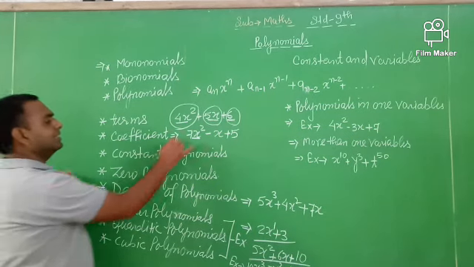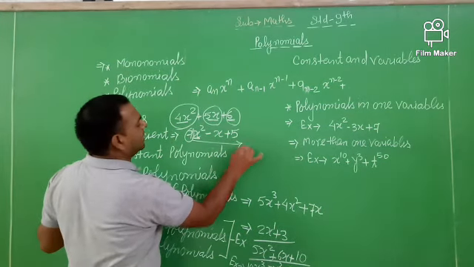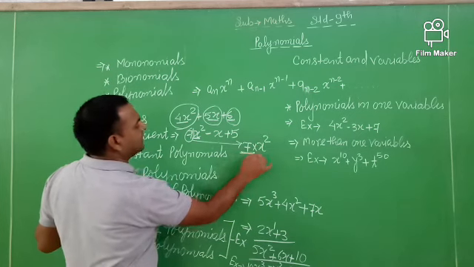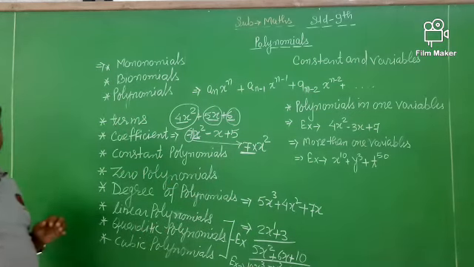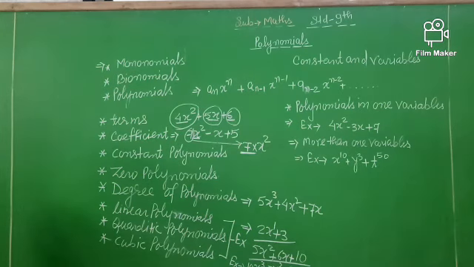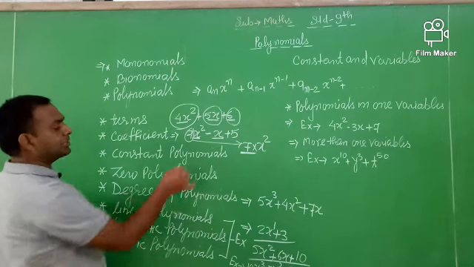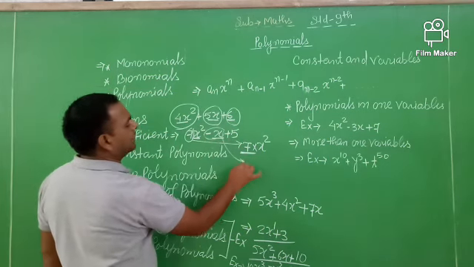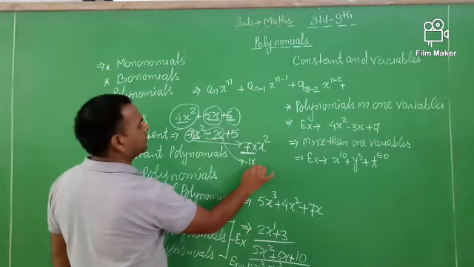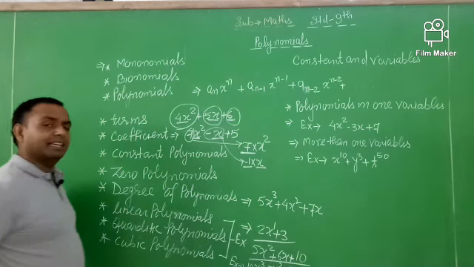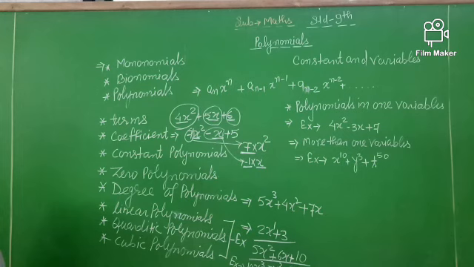Here 7 is multiplied with x square, so 7 is the coefficient of x square. Second, what is the coefficient of x? Here you see this is equal to minus 1 into x. So minus 1 is multiplied with x, so you can say the coefficient of x is minus 1.